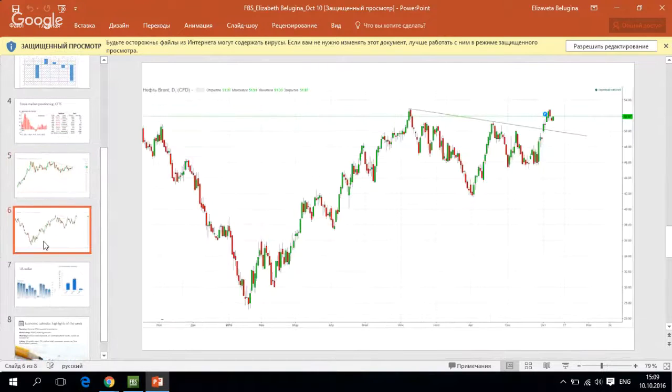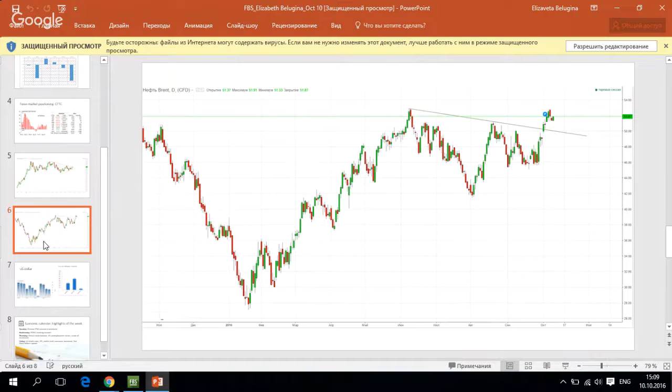Oil prices continue to be surprisingly resilient. We can see that Brent oil is trading above $51 a barrel, and of course this is a supporting factor for riskier assets, currencies like the Australian and Canadian dollar.